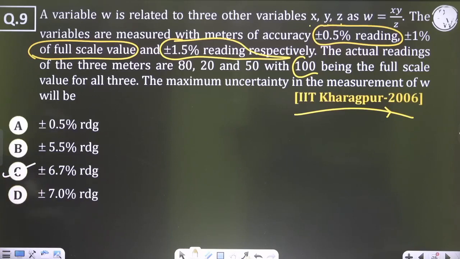0.5% of the reading, 5% of 80, 4% of real value.